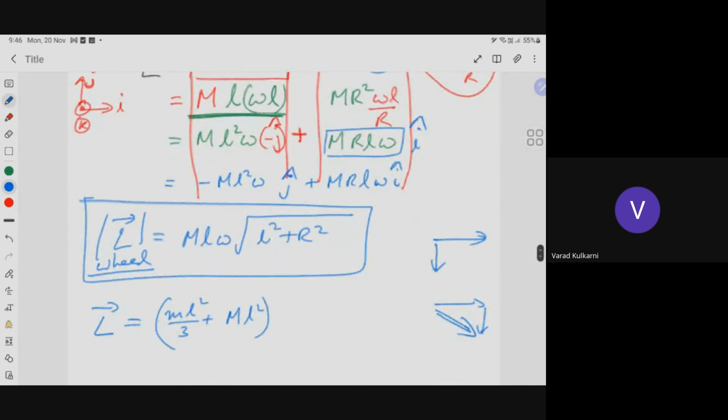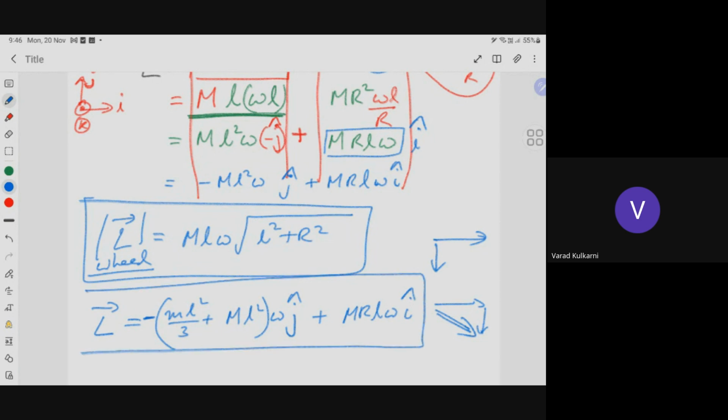So minus omega J, and due to the wheel, CM of the wheel, it was MRL omega I. So that's your total answer. So you do a square of this plus square of this, you get an answer.